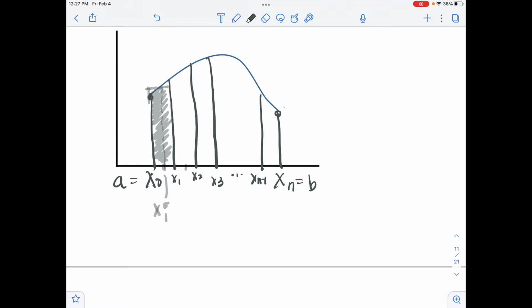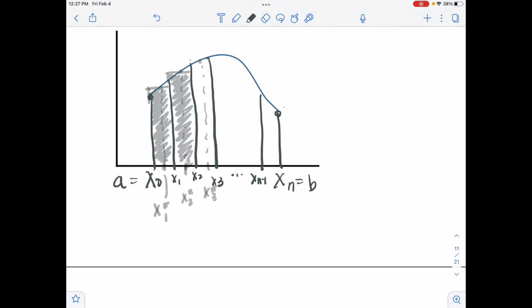Likewise, the next one that I have is going to be x sub 2 star. And again, going up until it hits the function, and then going over and down, we get that rectangle there, so we can add those together. And then likewise, we would have x sub 3 star, which is again going up to my function.